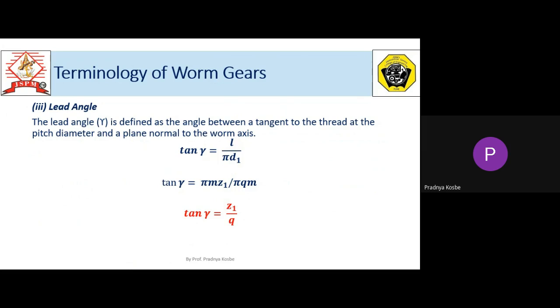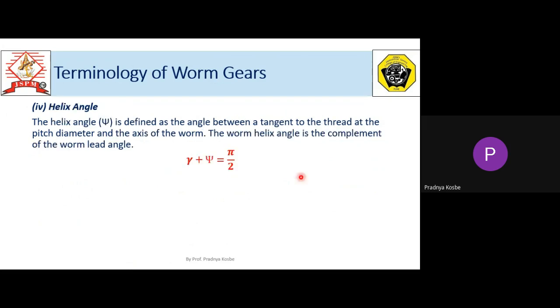Then next is the helix angle. The helix angle is defined as the angle between a tangent to the thread at the pitch diameter and the axis of the worm.